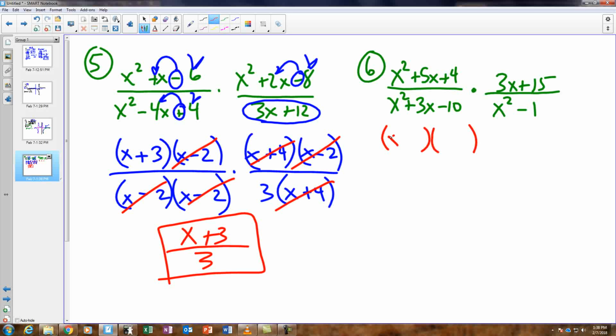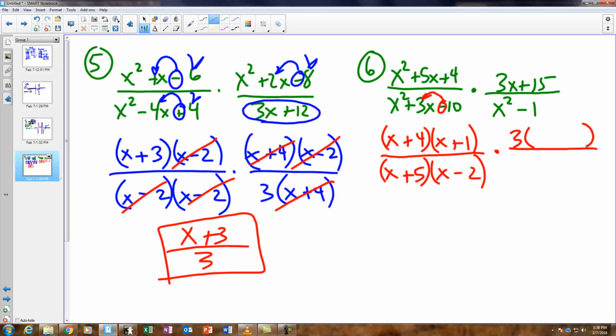So x and x, plus 4 and plus 1, those multiply to 4 but add up to 5. X and x, factors of 10 that subtract to make 3 would be 5 and 2. And in order to get a positive 3, I'll need a plus 5 and a minus 2. Times. The top just has a GCF of 3, leaving me with x plus 5.